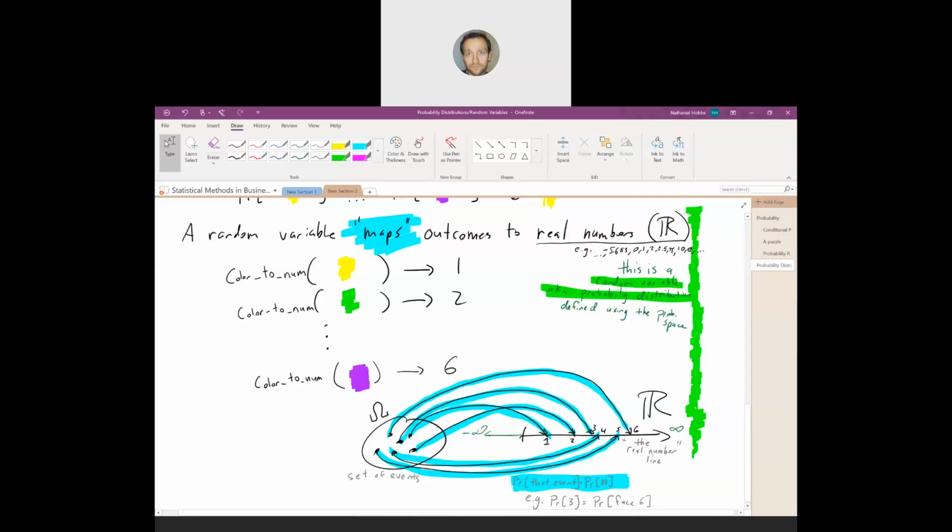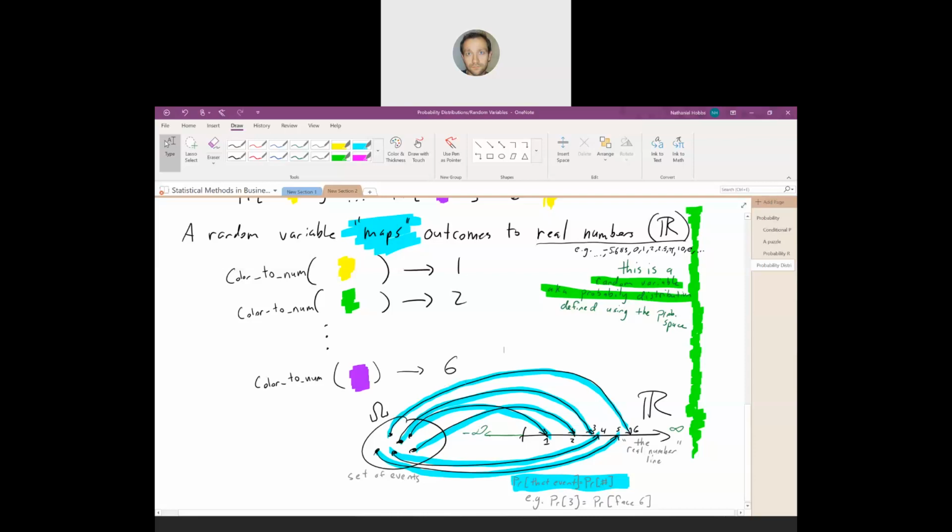And in addition to mapping the value, each of these numbers has a probability of happening. And the probability of these numbers is equal to the probability of whatever event is mapping to it. So in this case, the probability of 1 is 1/6. The probability of 2 is 1/6.